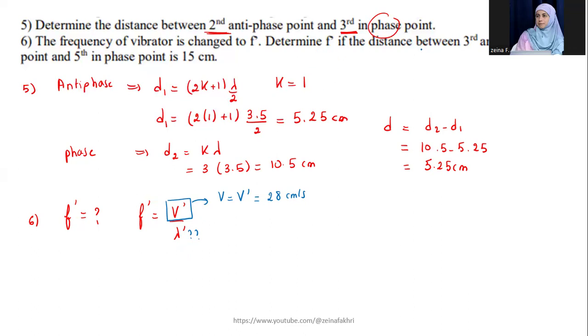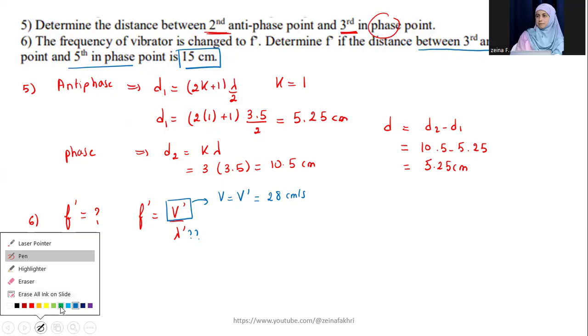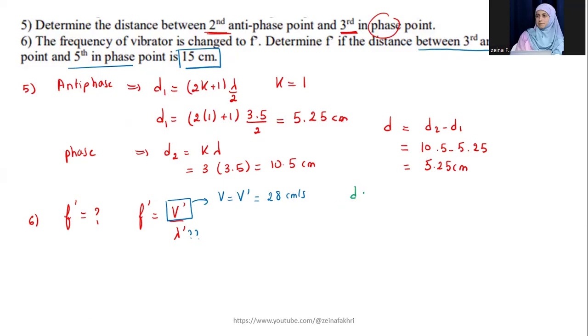Let's see here. The distance between the third in antiphase and the fifth in phase is 15 centimeter. So let's do it here. I'll take now the third, so the distance equals (2k plus 1) lambda over 2, since I'm talking in antiphase.